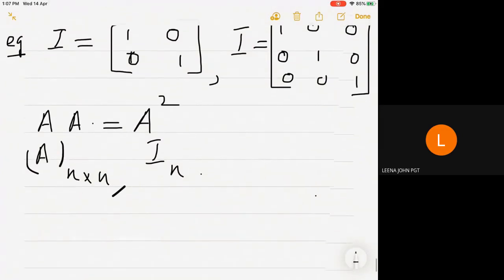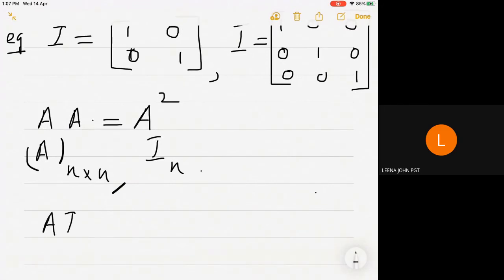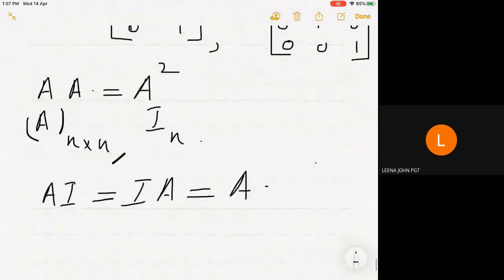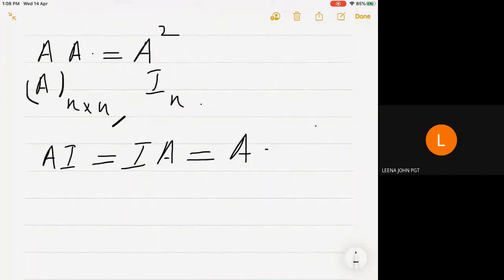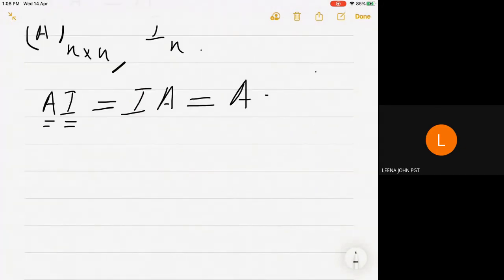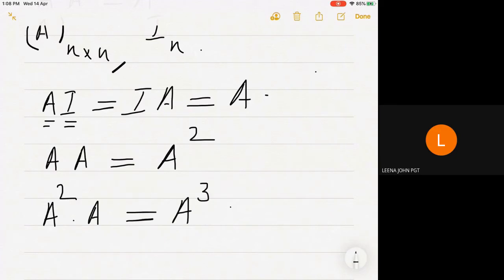That means A into I is equal to I into A, and that is equal to A, provided A and I are of the same order. Now, A into A is possible if A is a square matrix, and it can be written as A square. Now, A square into A, you can write as A cube. It goes on like that.